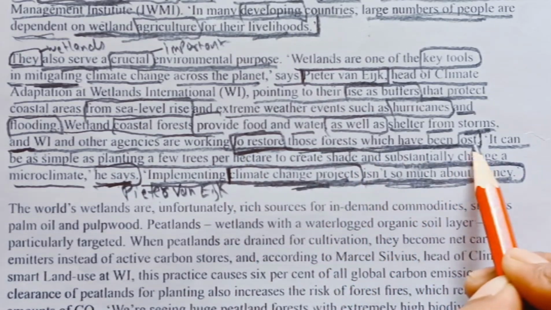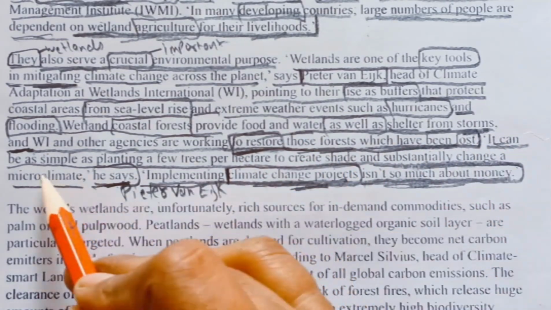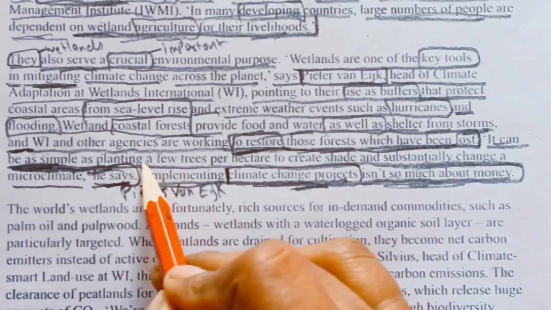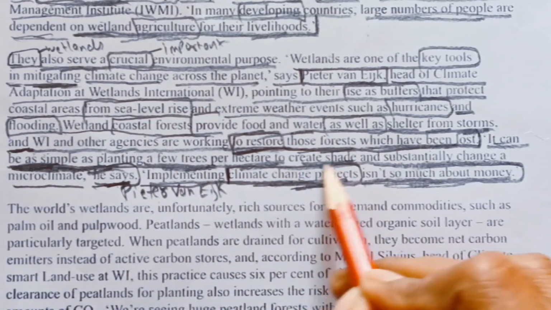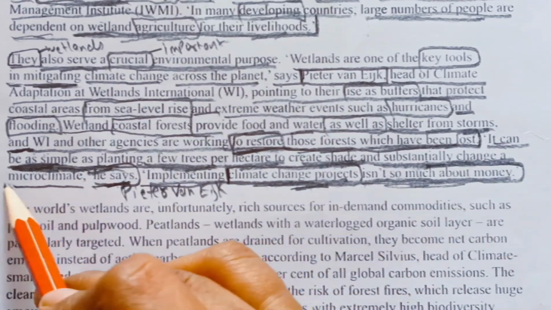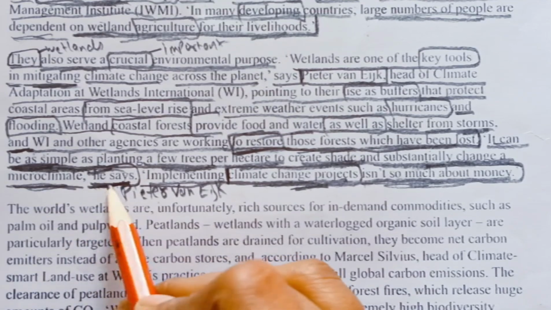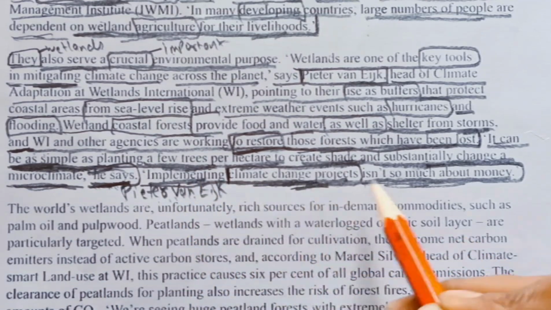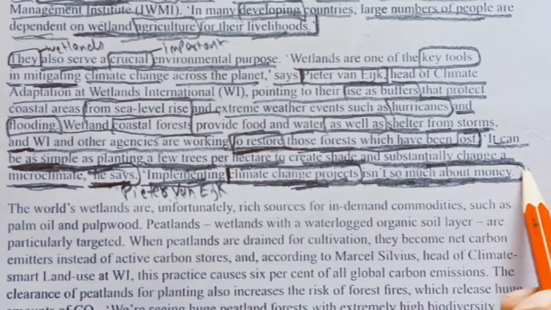So this line is important. It can be as simple as planting a few trees per hectare to create shade and sustainability, change a microclimate, he says. He means Peter Van Eyck says. Implementing climate change projects isn't so much about money.